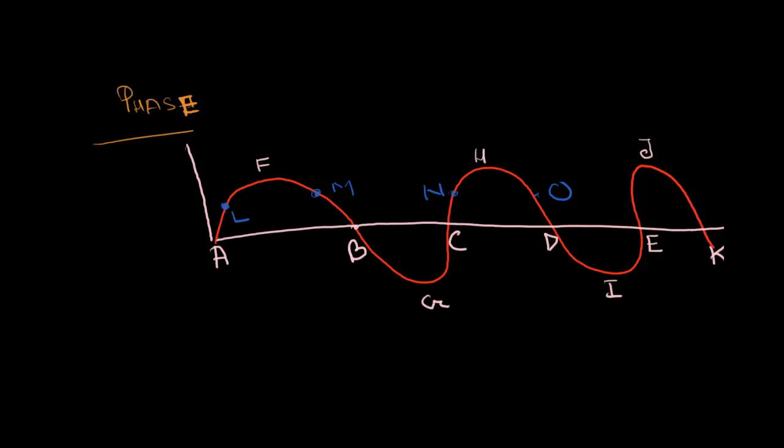For the particles to be in phase, the displacement has to be the same, that is the distance from the rest position, and the direction has to be the same as well, the direction of vibration.